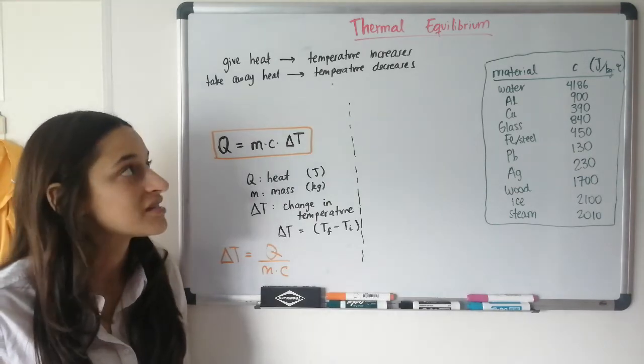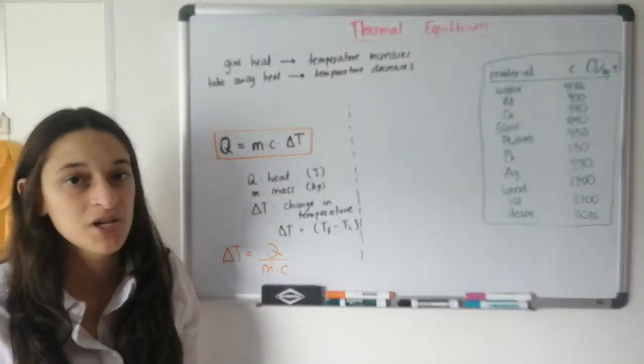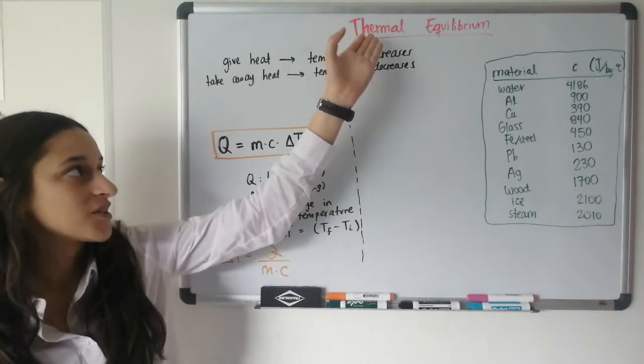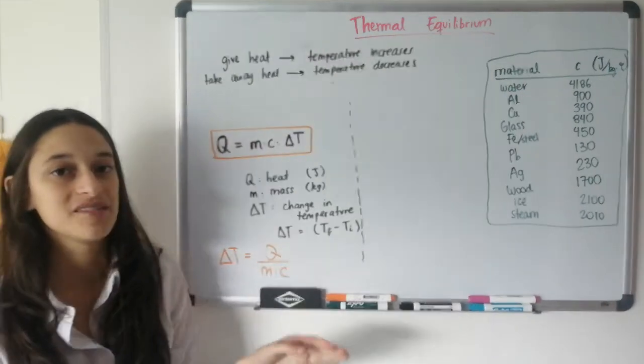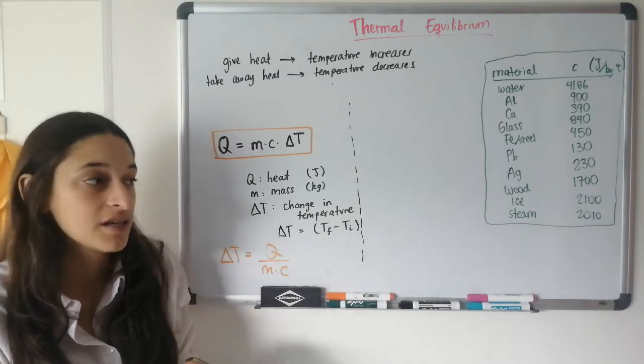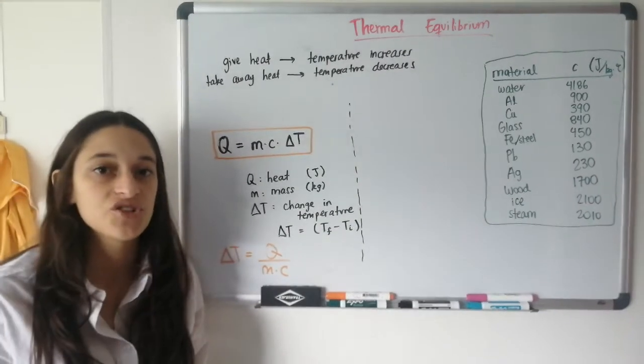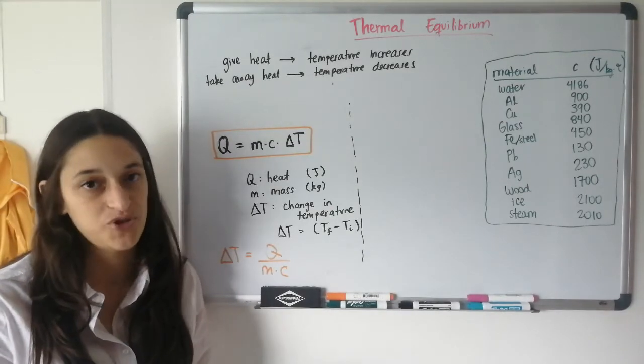object? What happens is it's going to reach thermal equilibrium. So thermal equilibrium, the words mean something to do with temperature, and equilibrium means that it reaches a stable point. So thermal equilibrium means that all of the objects reach the same final temperature.